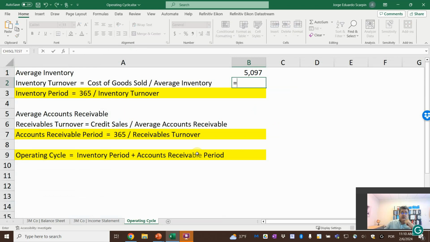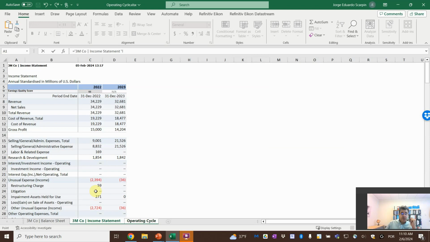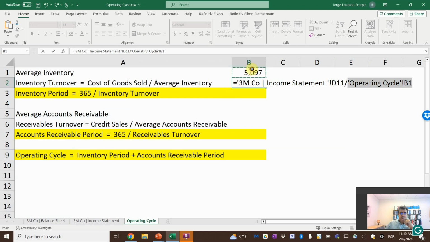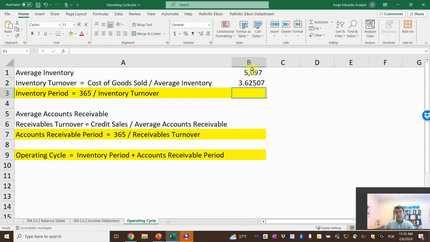Inventory turnover, cost of goods sold, so on the income statement, cost of revenue, that is how companies usually name their cost of goods sold, divided by this average inventory. So 3.62. What does this 3.62 mean?